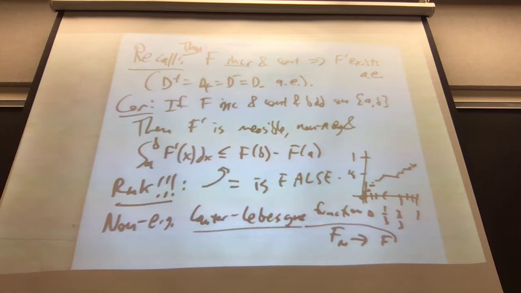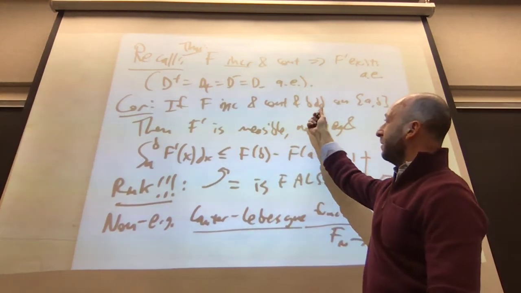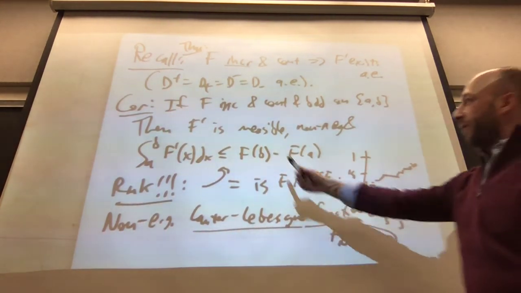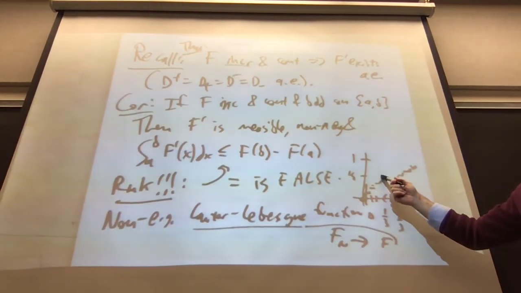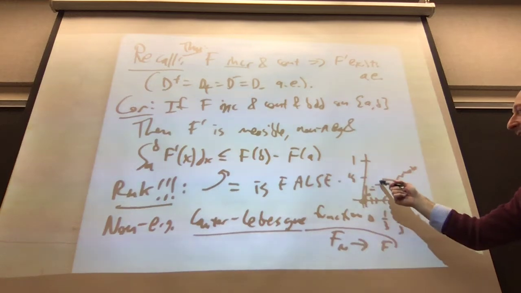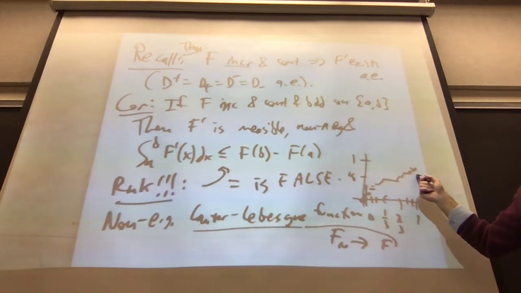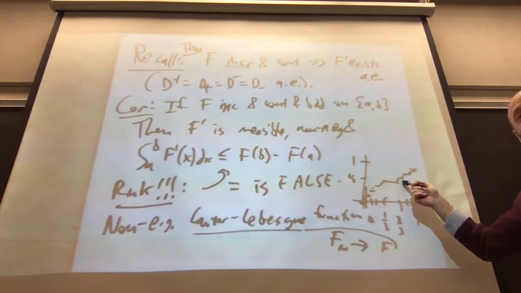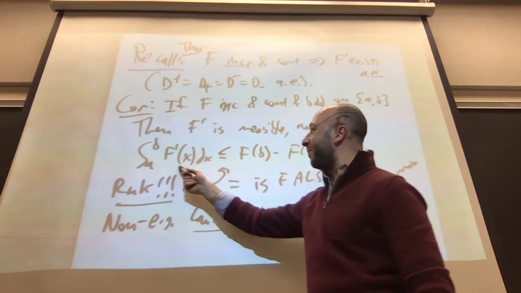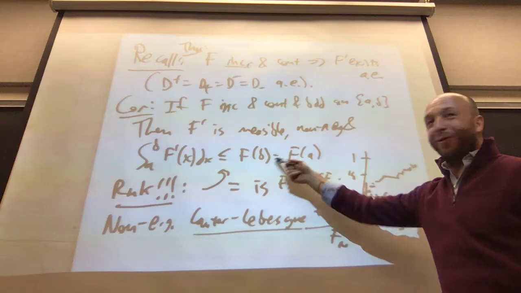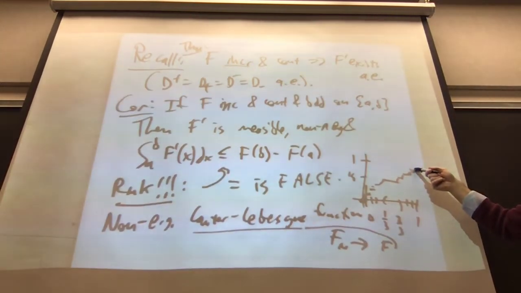It's increasing, and I'll let you check that it is increasing, continuous, and bounded. Therefore, its derivative is measurable. What is its derivative? 0. Except on the Cantor set, where it has no derivative, it's flat. So its derivative is 0 almost everywhere. And when you integrate 0, you can't move, except this function has moved.